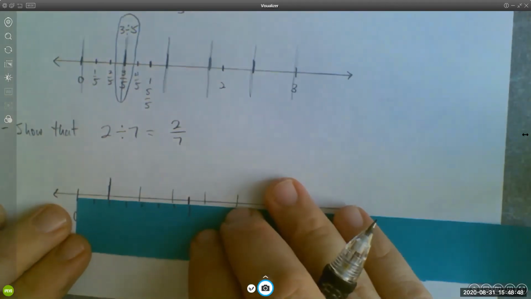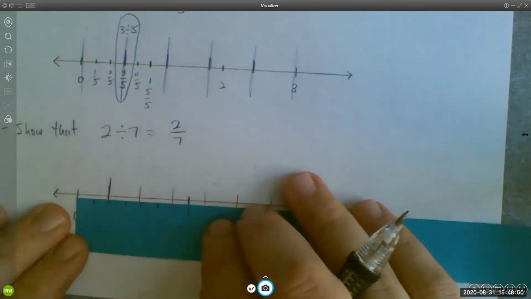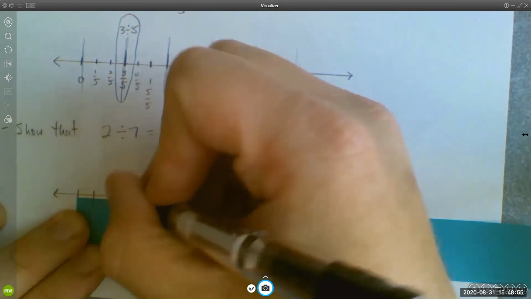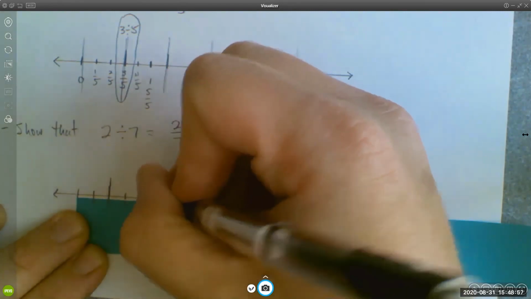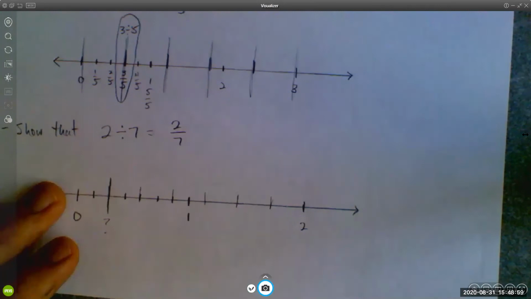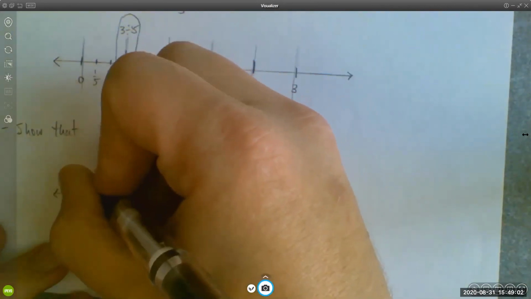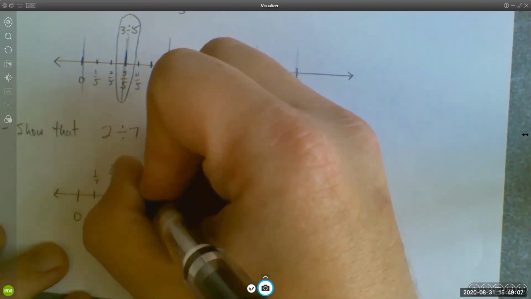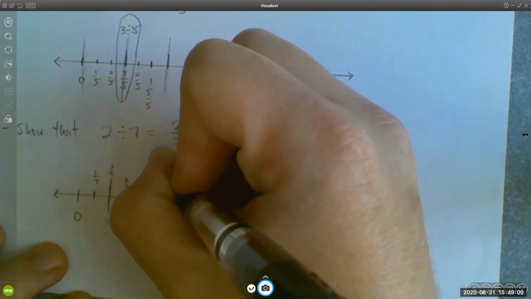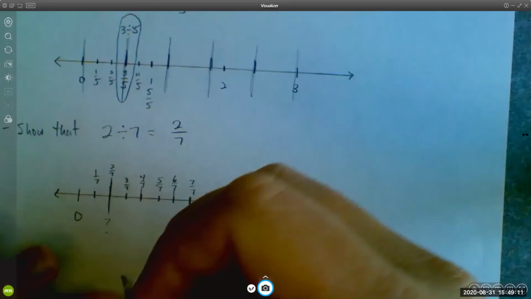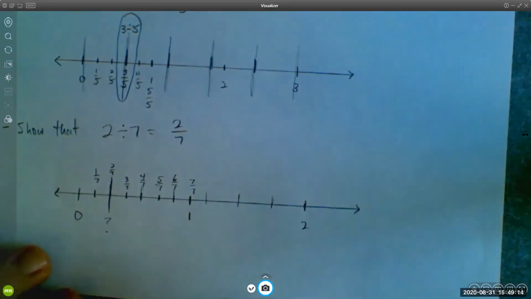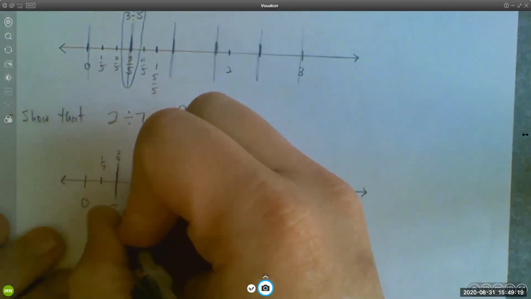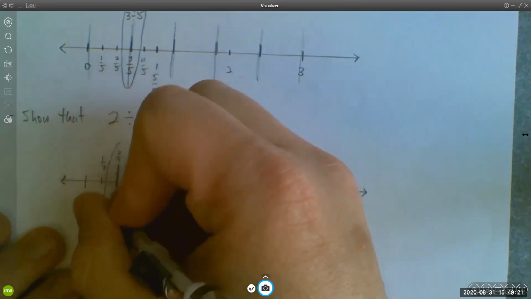And then we can split this 7 ways. So we have 1/7, 2/7, 3/7, 4/7, 5/7, 6/7, 7/7. I guess I should have written it down here, but there you go. That shows that 2 divided by 7 is the same thing as 2/7.